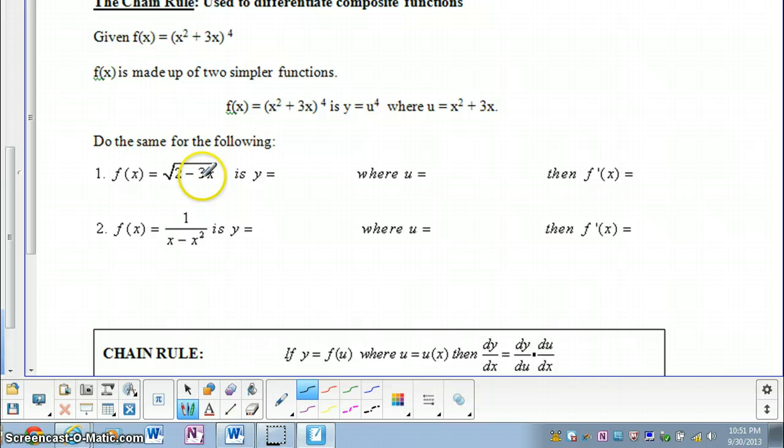I see that y will be equal to the square root of u, because I want to simplify this to make my life easier when I go to derive it. And then u is going to equal 2 minus 3x.